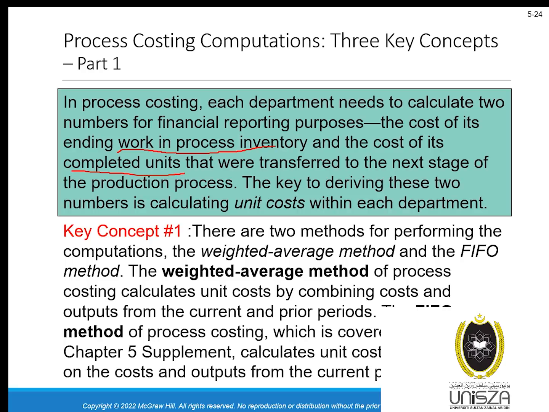So there are two methods that we use in calculating the process costing system computation: the weighted average and FIFO. But we're just focusing on one method here in this chapter, which is the weighted average method.